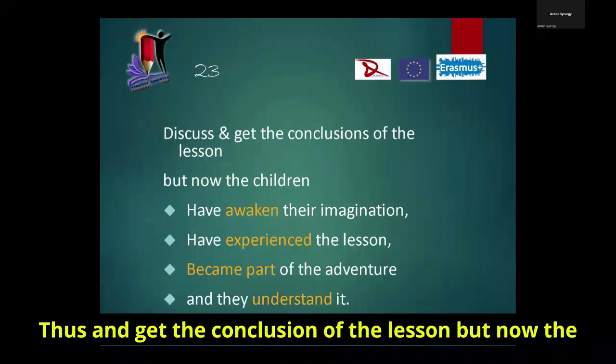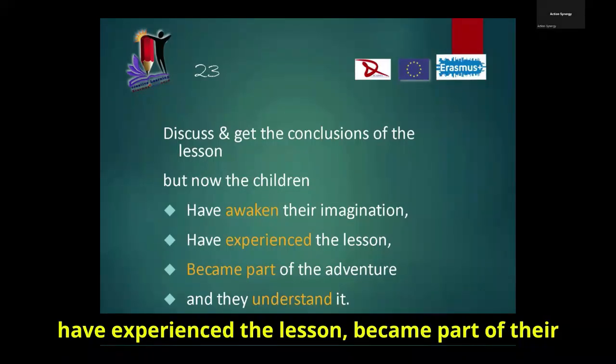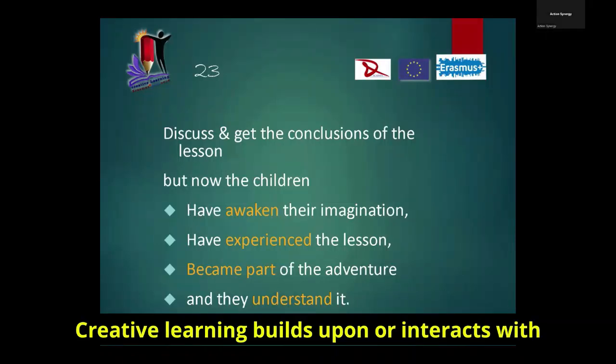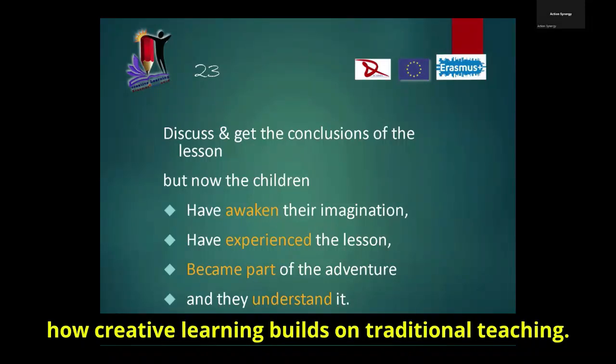Discuss and get the conclusion of the lesson, but now the children have awakened their imagination, have experienced the lesson, became part of the adventure, and they understand it. Creative learning builds upon or interacts with traditional teaching and learning methods. How creative learning builds on traditional teaching.